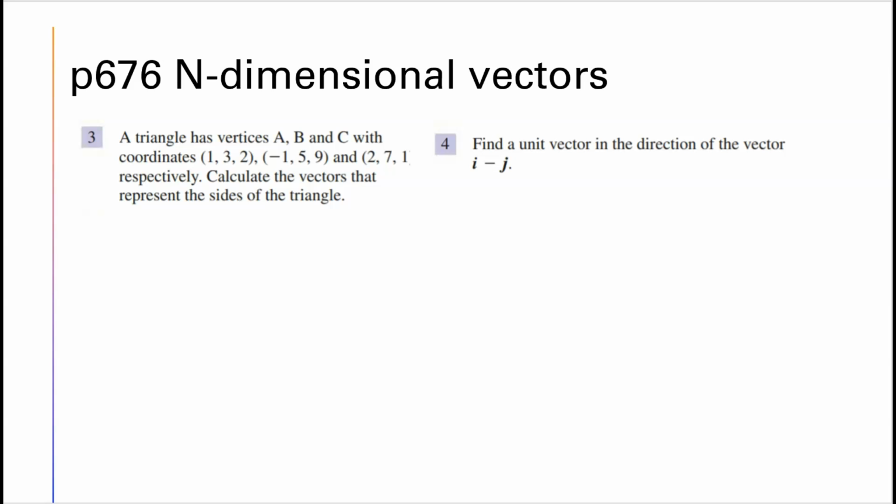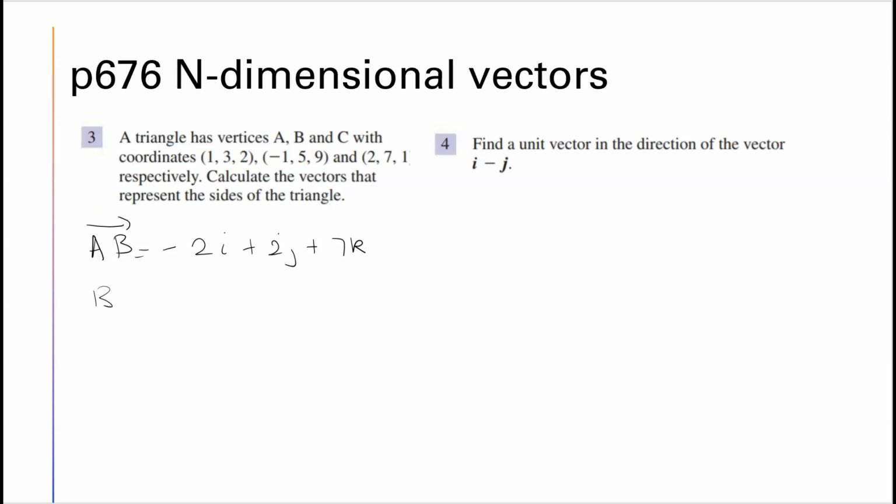The triangle here has vertices A, B and C, etc., etc. So the length from A to B we need to find. That'll be B minus A, so it would be -2 plus 5 minus 3, which is 2, and 9 minus 2 is 7.